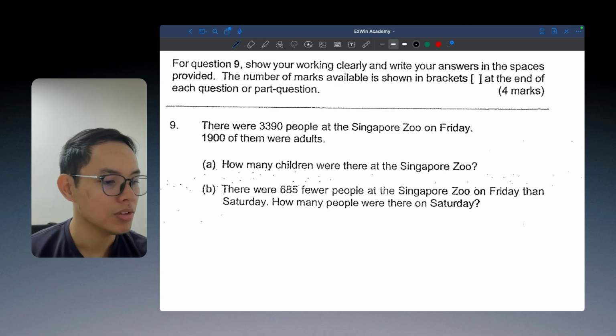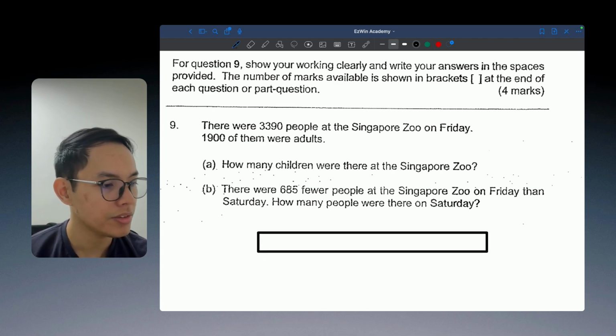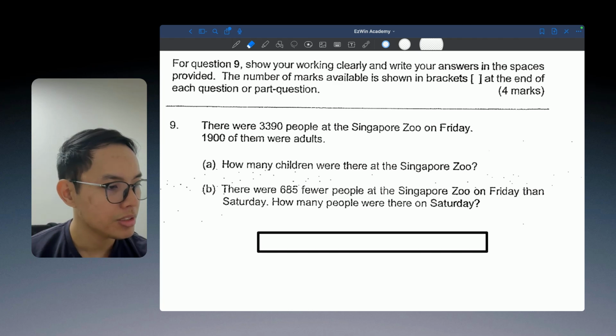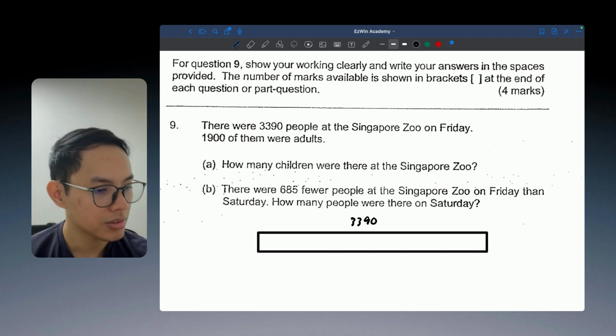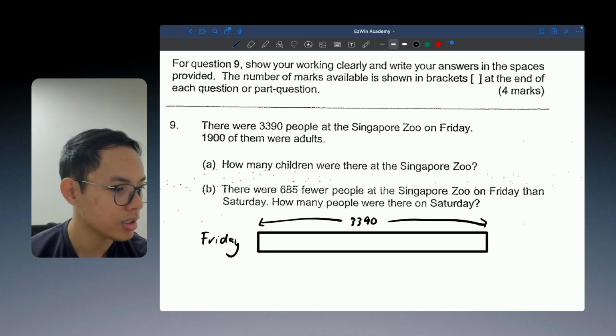Okay, pretty straightforward. So we have this model, right? Essentially we have 3,390. So this is a Friday, as what you see over here. So 3,390 people at the Singapore Zoo. A lot.